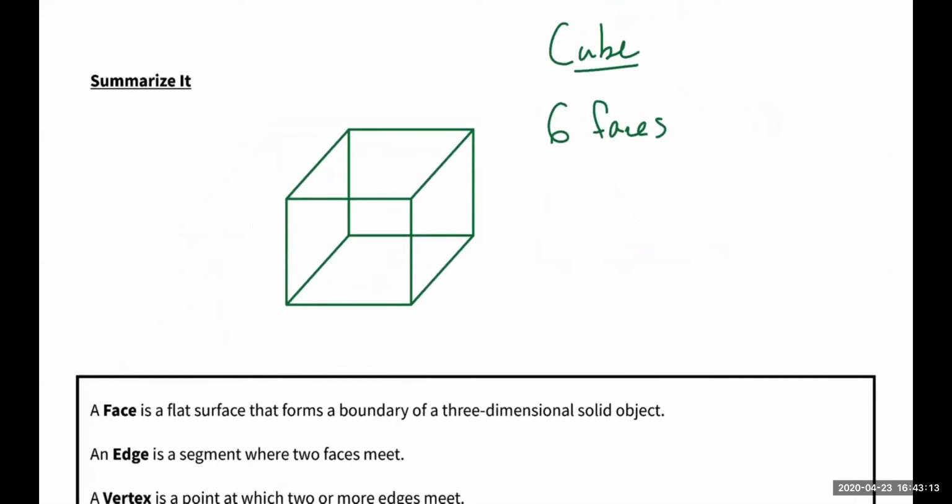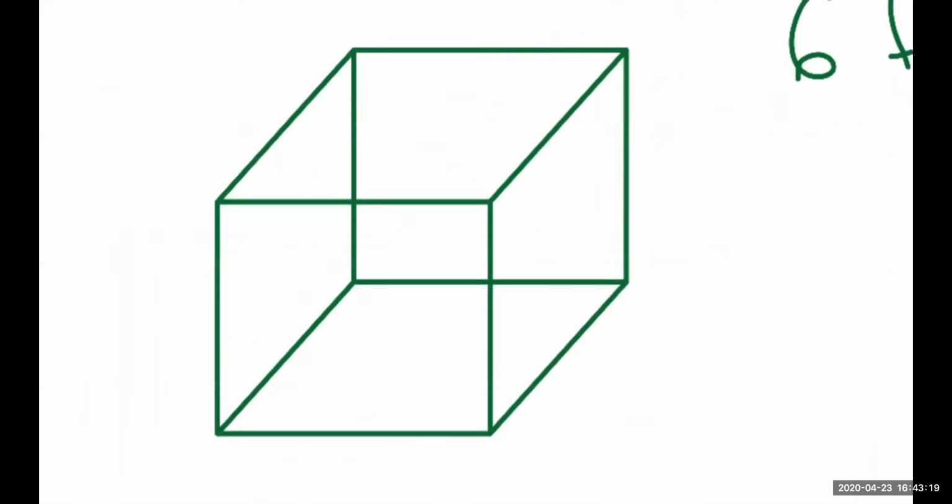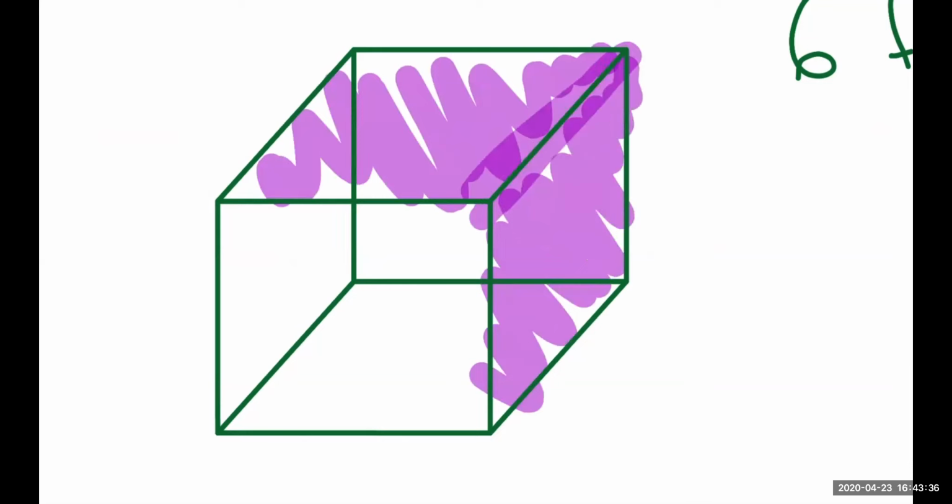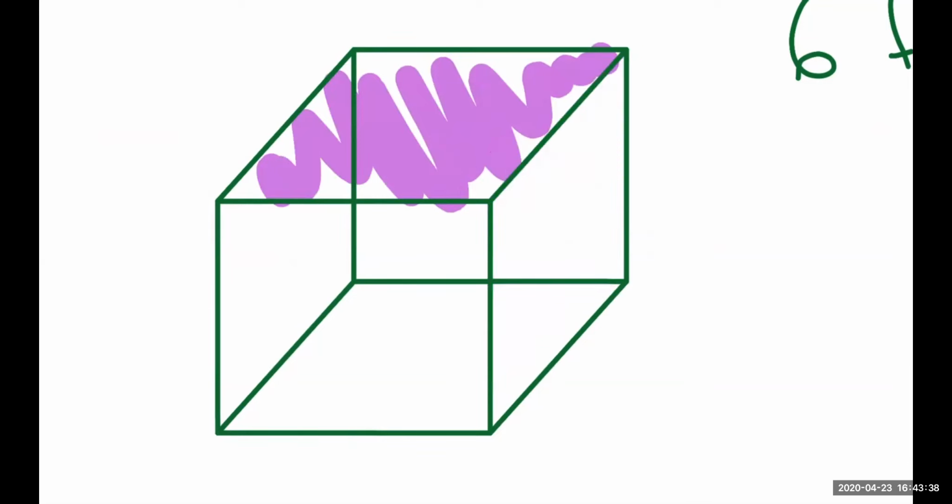All right. An edge is a segment where 2 faces meet. Right, so like I said, we don't like to use the word side because we don't want to confuse that with this segment here. We call this segment an edge, right? And you can see that when I have this top face and this lateral face, those are meeting at this edge, right?